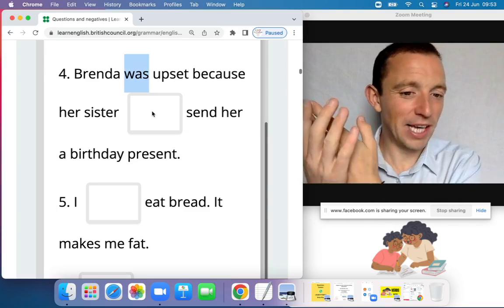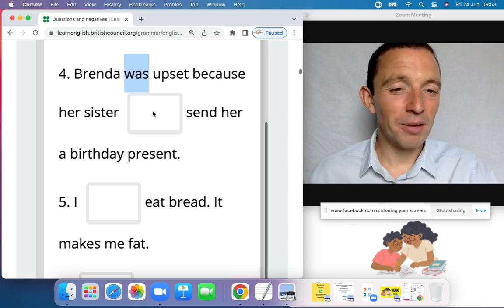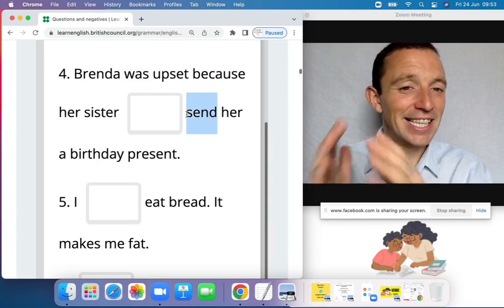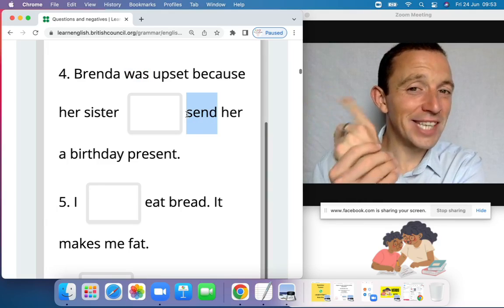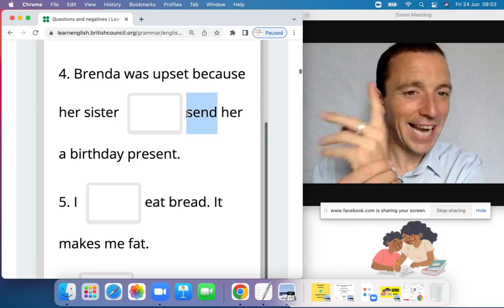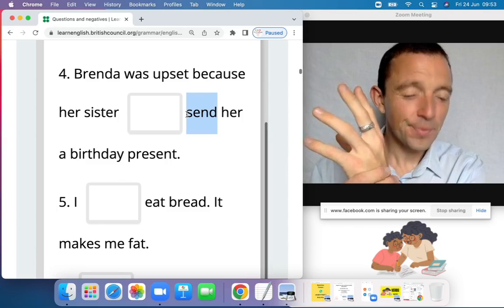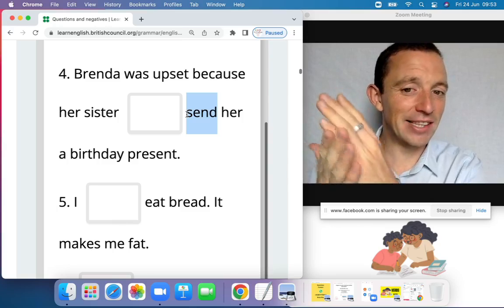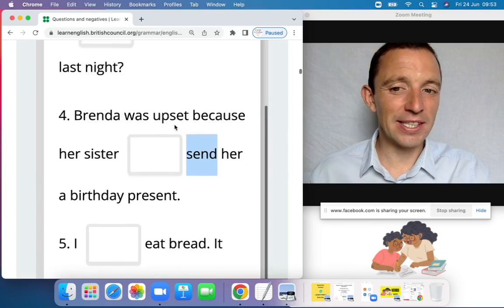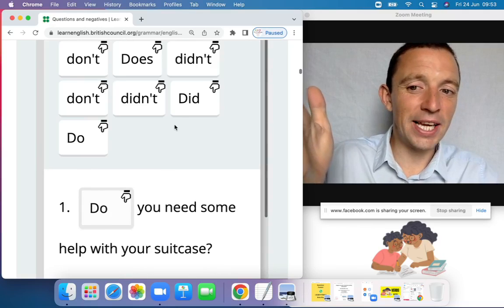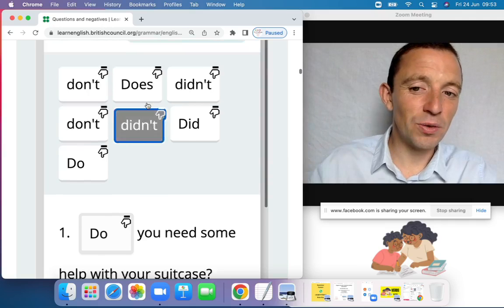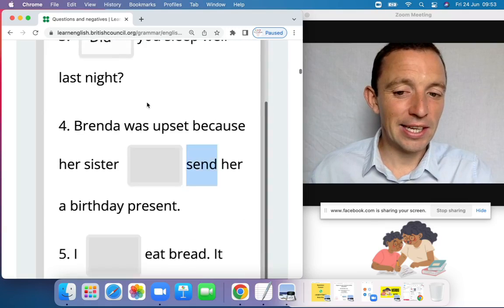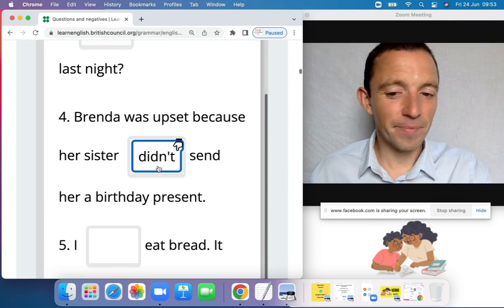Brenda was upset in the past. Why? Because her sister sent, in the past with the auxiliary do, negative for the context, because the sister did not send her a birthday present. So the correct answer should be did not, which is the contraction, didn't.